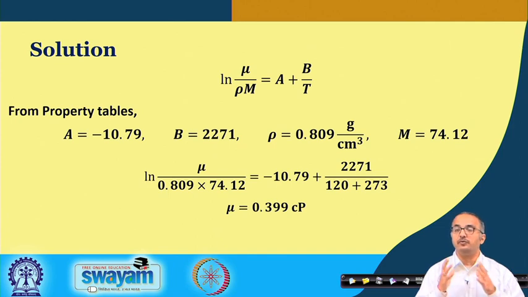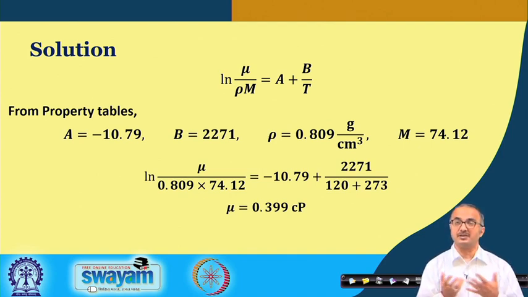We have about 4 orders of magnitude difference between the liquid viscosity and the gas viscosity, and that is why you find that sometimes we ignore the viscosity effect in case of gases. That means, we say that viscosity basically gives some resistance to flow over a surface. Okay. So, the less the viscosity, the less the resistance to flow.